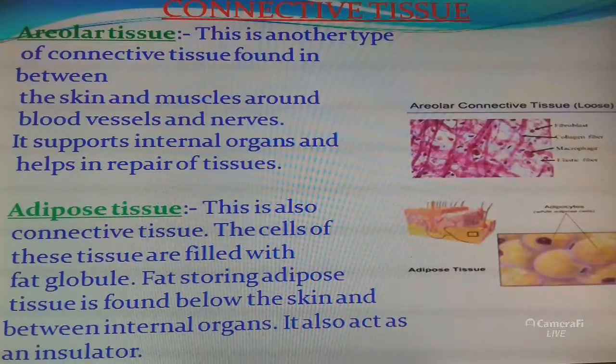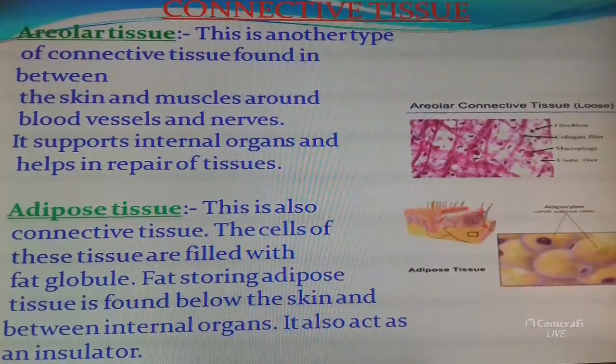In blood, RBC is present, but in lymph, RBC is absent. In blood, more protein, calcium and phosphorus are present, but in lymph, less protein, calcium and phosphorus are present. These are the differences between blood and lymph.